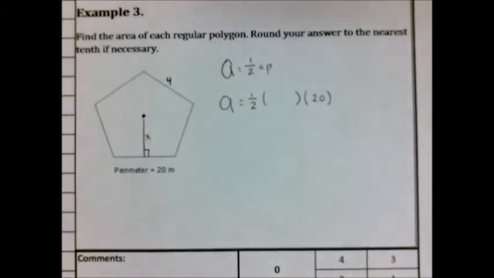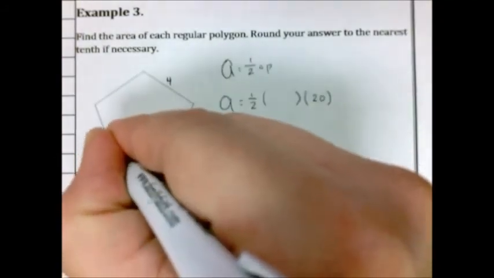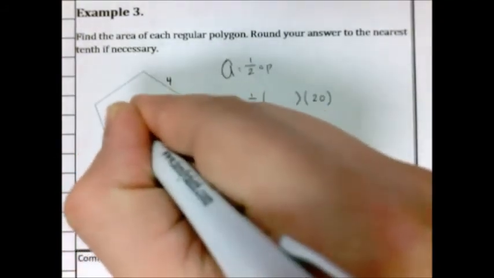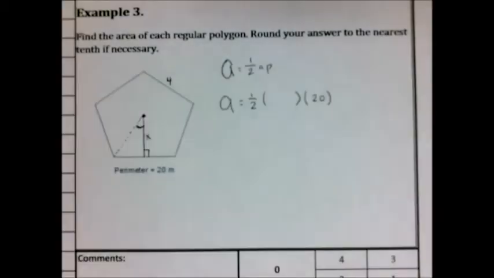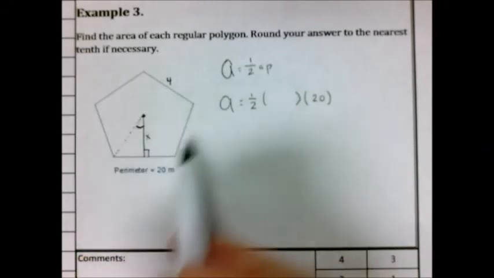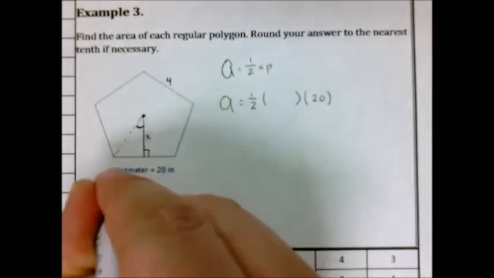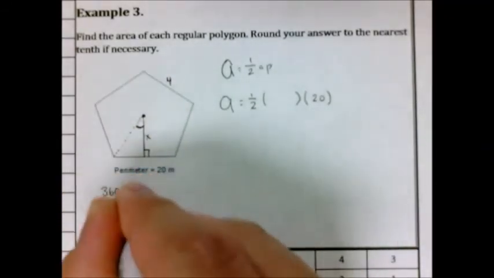We can do this again using our trig. So let's build a little right triangle here. And we want to find out what this angle is, and we can do that by using the central angle of a regular polygon, by doing 360 divided by the amount of sides there are, which is 5. 360 divided by 5.